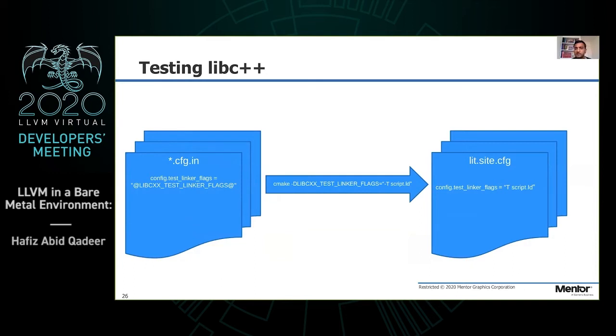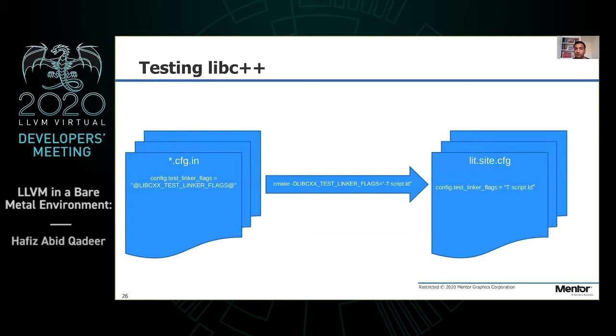Before we discuss some of the customization that you can do, we first try to understand how the information passed through CMake variables reaches the testing infrastructure. So in your test folder, you will see that there is a cfg.in file, which describes some of the config variables that will be used by the testing. And the values of these variables depend on some of the CMake variables, as shown in the example.